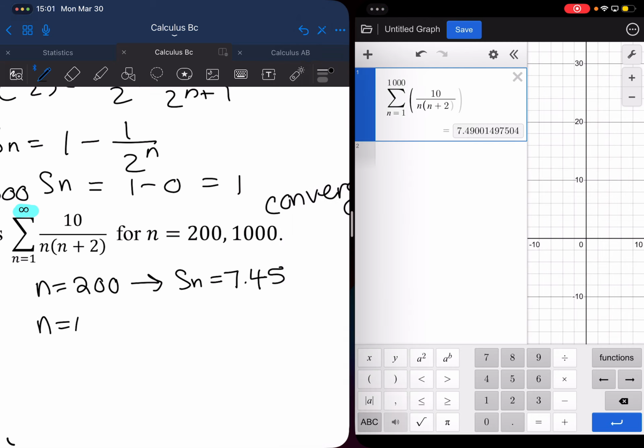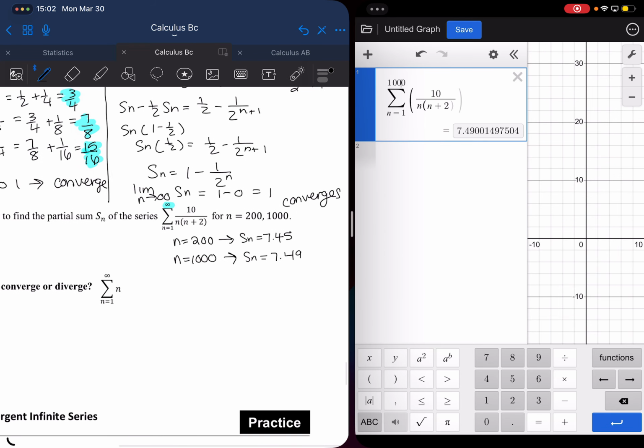So n is equal to 1,000 implies that s sub n is equal to 7.49. So if you increase n, and you can mess around with Desmos and keep increasing that value, what you'll notice is that this partial sum is eventually going to approach 7.5. Okay, it will never go higher than that. And so if it asks you for the partial sum, all you need to do is go straight to Desmos, plug it in, and then write your answer.